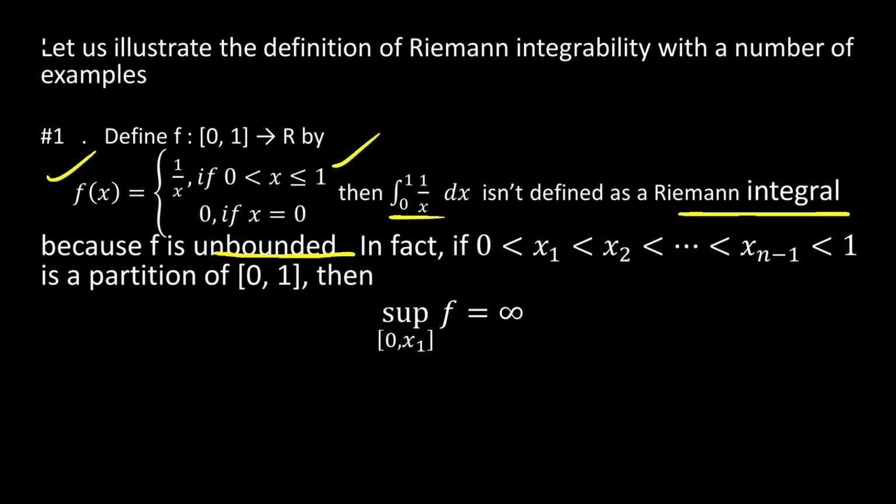So in fact, if we break the interval 0, 1 into disjoint partitions, you see that the supremum of f is infinite.